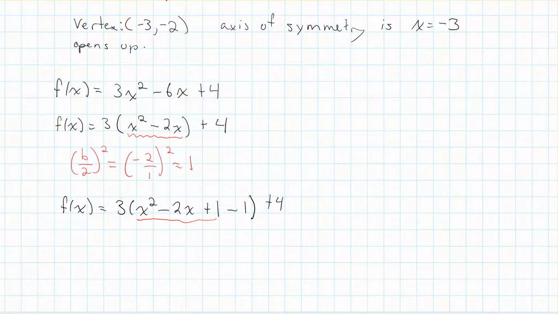And what do I mean by partially distribute? I'm going to do the 3 times negative 1, because then that would distribute that portion out, and I'd be left with f of x equals 3 times x squared minus 2x plus 1 minus 3 plus 4.